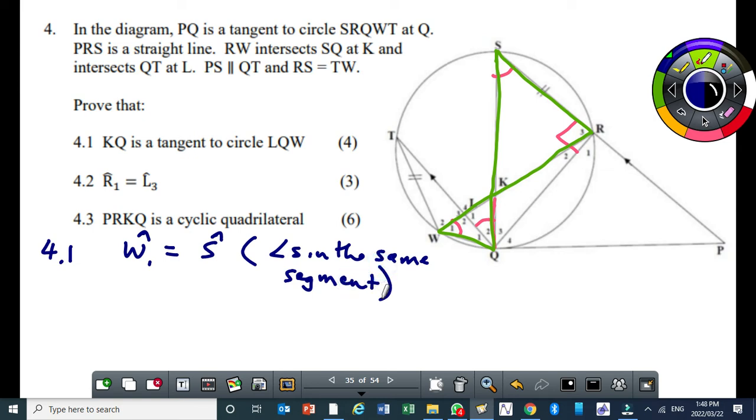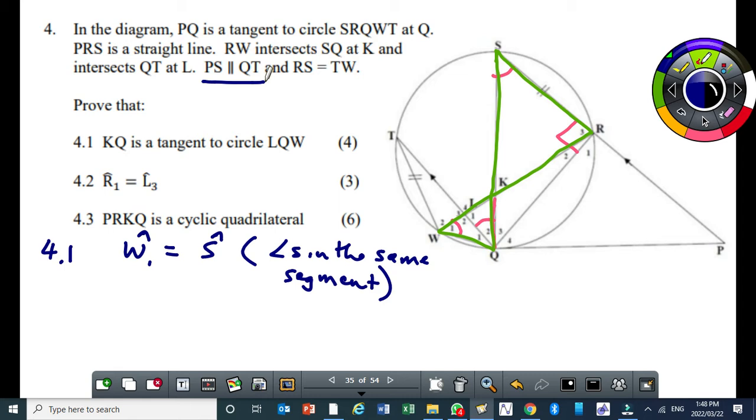Then, since we are given two lines that are parallel, it means somehow we have to use those lines. Whenever you are given lines that are parallel in a question, somehow you have to use that. So you can see here that SQ is a transversal, because TQ is parallel to SP.